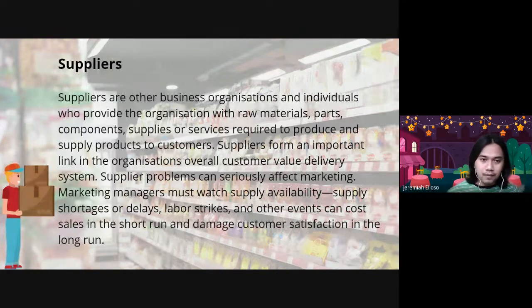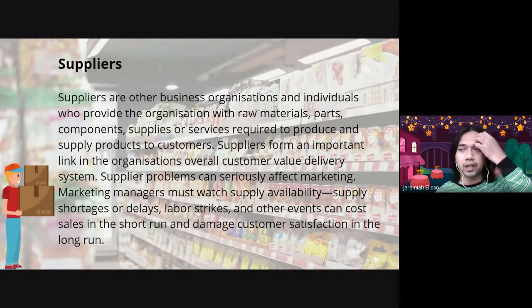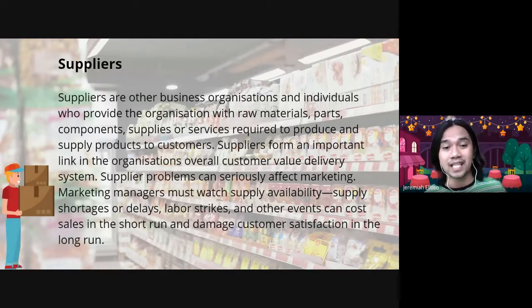Because sometimes there are problems along the way, you have to make sure that these problems are addressed so that they will not affect the delivery or the execution of the products and services. Of course, it cannot be avoided that there are problems with delays, traffic, labor strikes, and shortages.